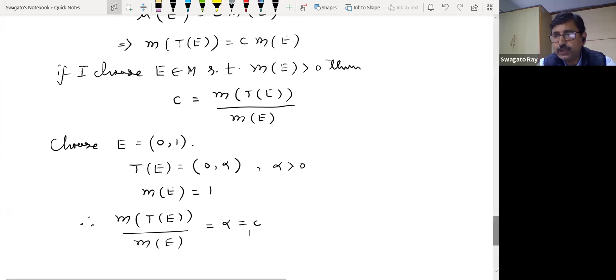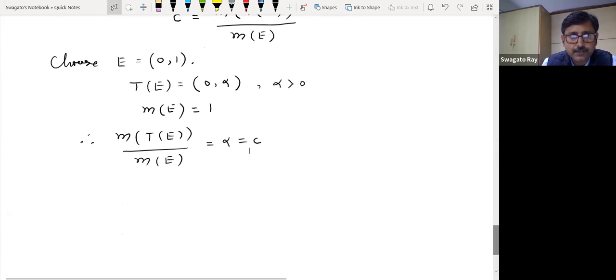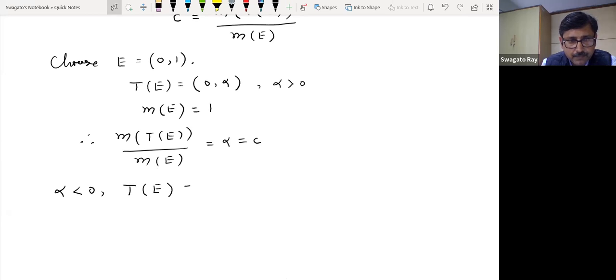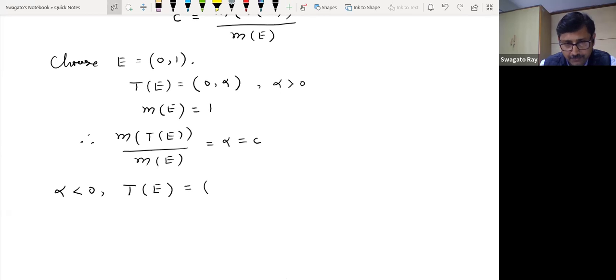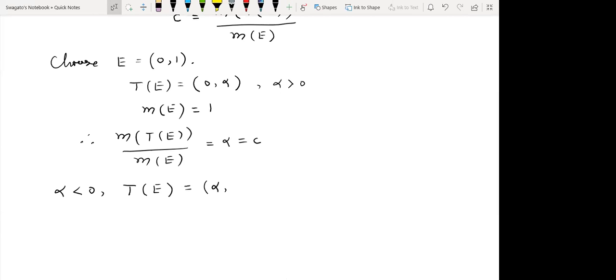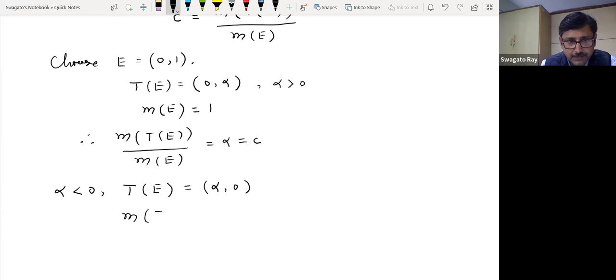And let's now look at alpha less than 0. If alpha is less than 0, can anybody tell me what is TE? Minus alpha comma 0. Alpha is negative, so minus alpha will be positive. Yes, alpha comma 0. So what is measure of TE?